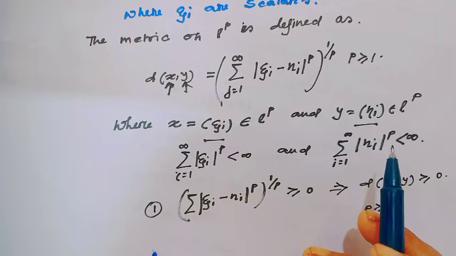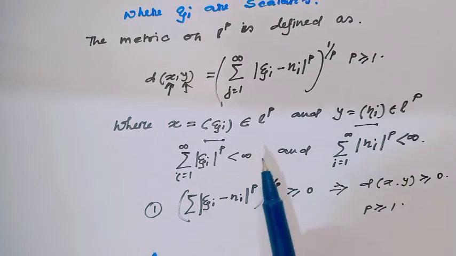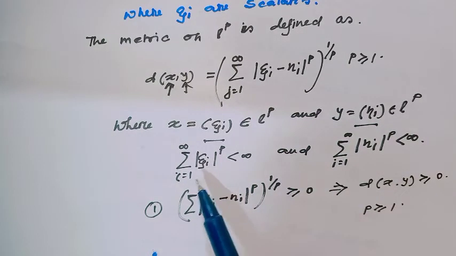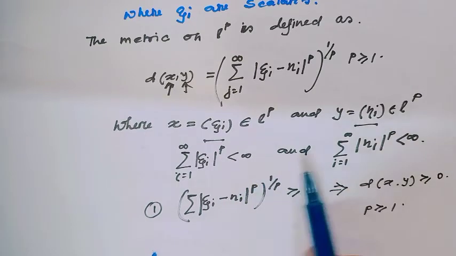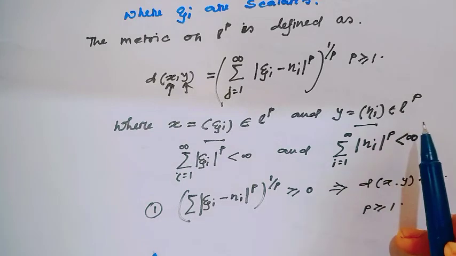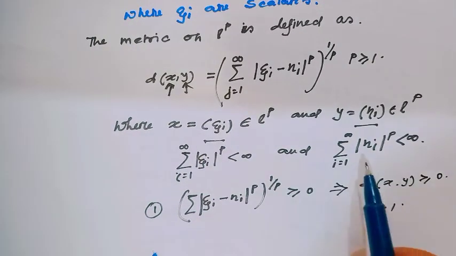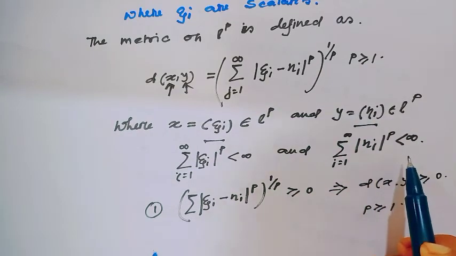I will verify this is a metric space. This is also an easy proof. Here x equals (xi_i) belongs to lp, which means the summation of |xi_i|^p is less than infinity, and y equals (eta_i) belongs to lp, which means the summation of |eta_i|^p is less than infinity.